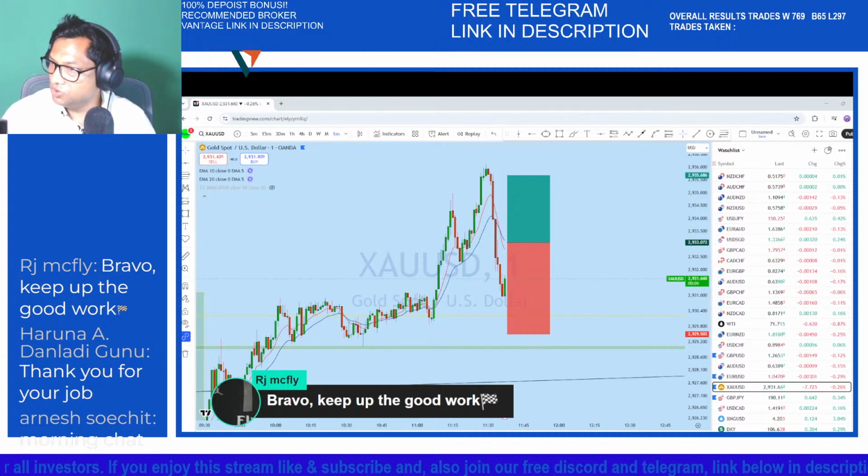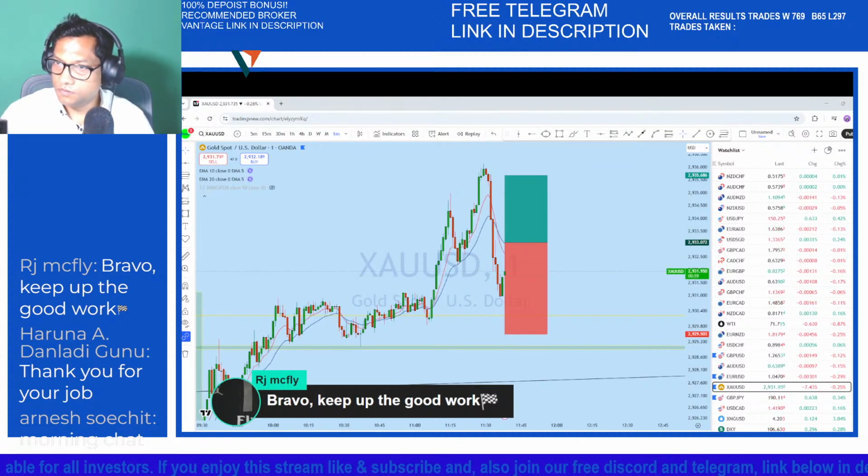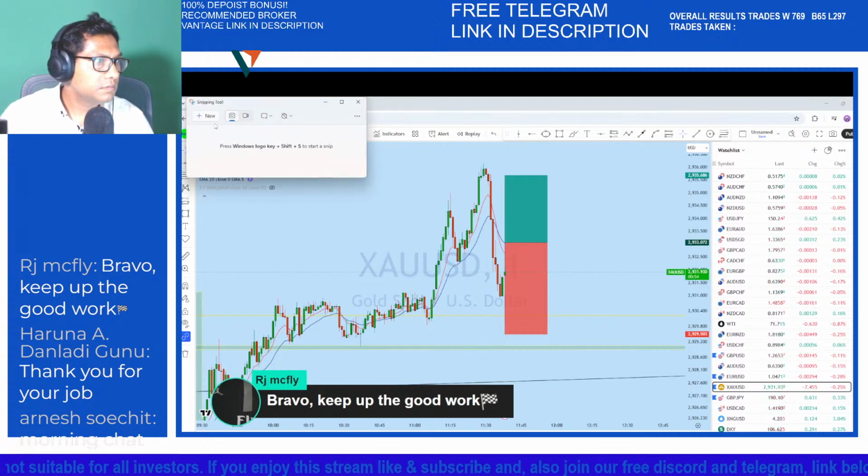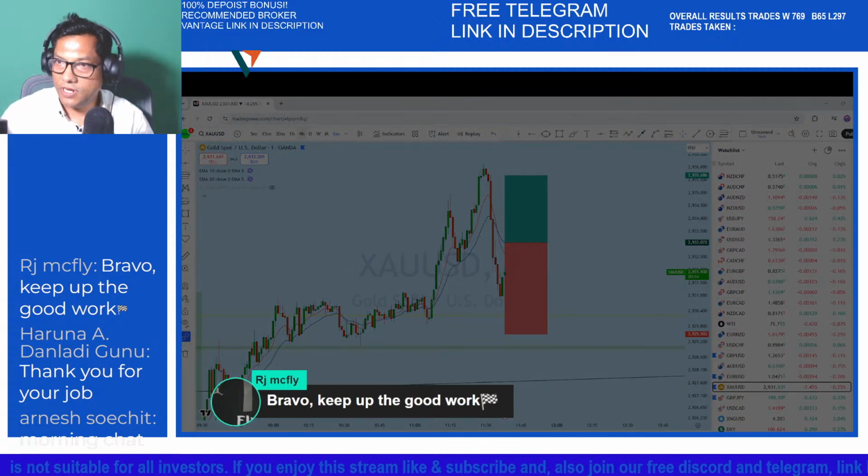If the market bounces, we are in the trade. You see some gap open here.